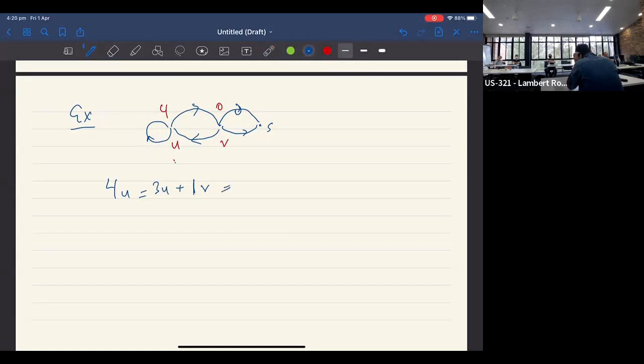Now I have 1 here and 3 here. This would not do anything because it's stable, but there are 3 getting out, so there's 1 here. But this one now again fires because there are 2. So the same story becomes 2u plus 2v. Again, one more time, this fires, so you get 1u plus 3v.